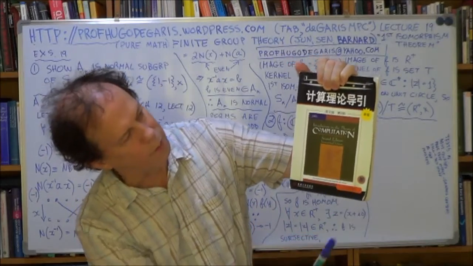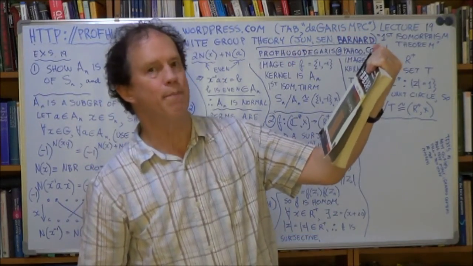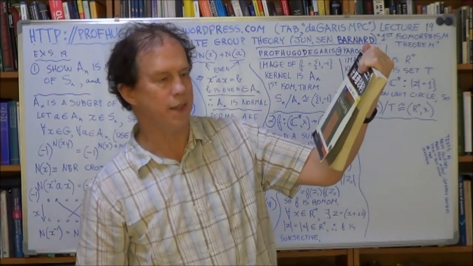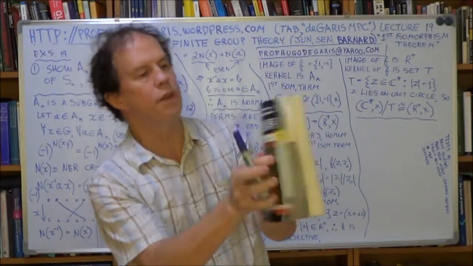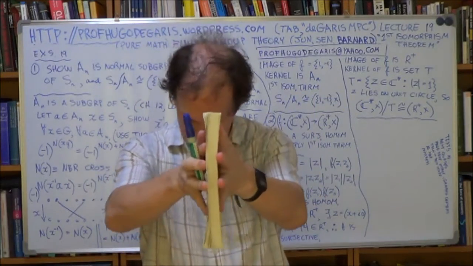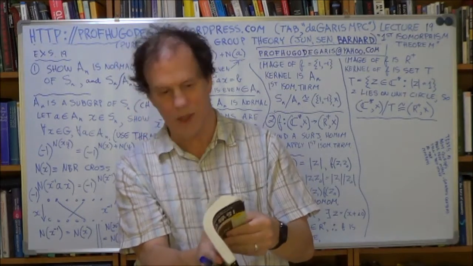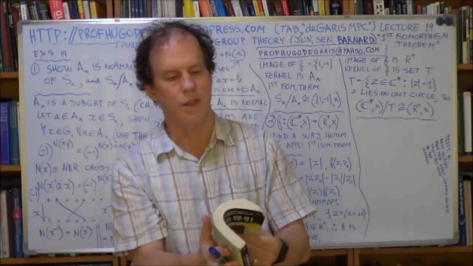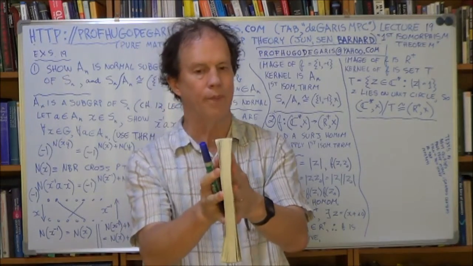This would be the cover of the book, and the author is Sipser, S-I-P-S-E-R. You can see it's pretty well double the thickness of the previous book on quantum mechanics, Davies. Now, this is like 400 pages, so that will take me quite a bit longer.